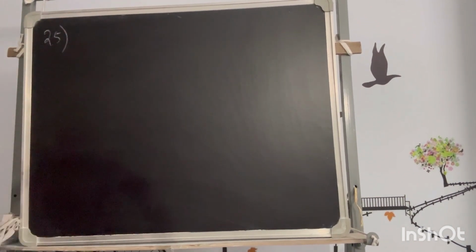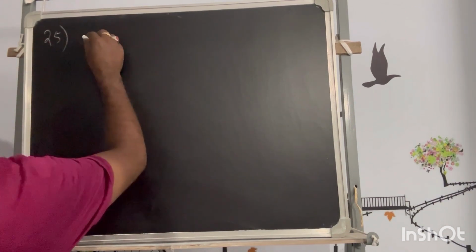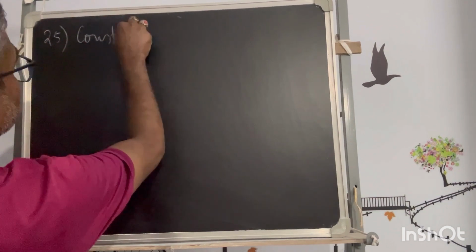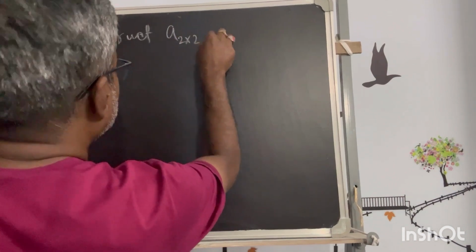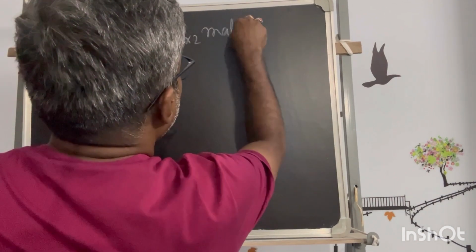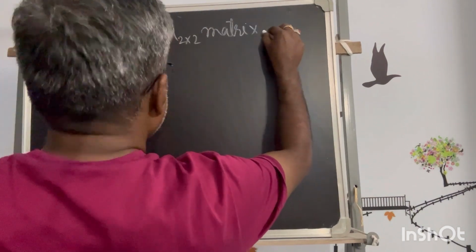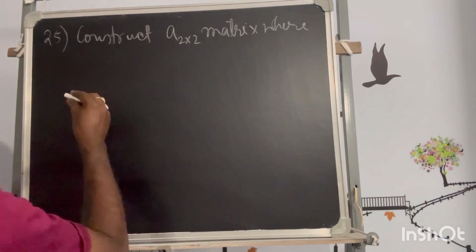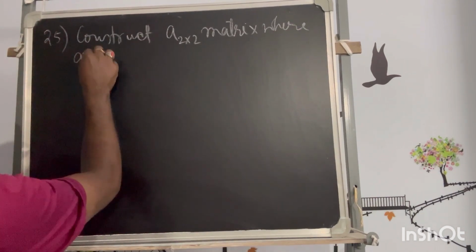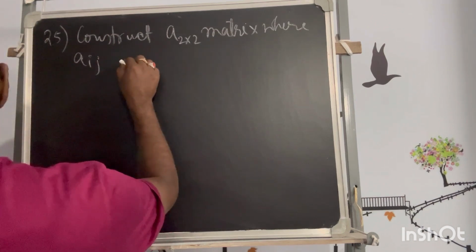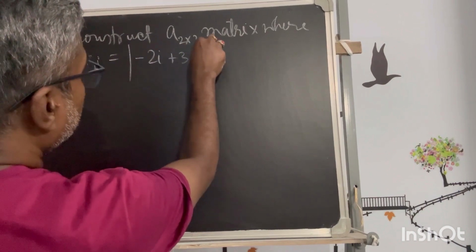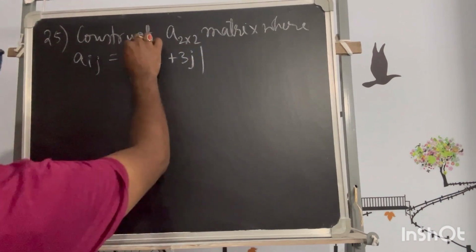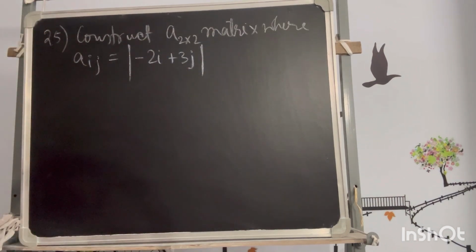Okay, so the 25 says, yes, this is a different kind of construct: a 2 cross 2 matrix where aij, that means the element at ith row, jth column, is defined by this expression 2i plus 3j, and this is given as a mod of this expression.